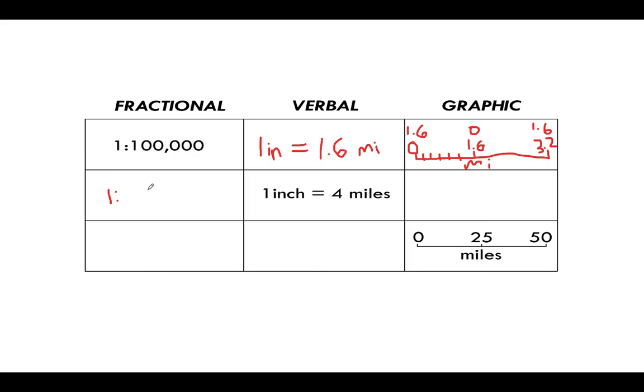Right, perfect. We would multiply 4 for 4 miles times 63,360. So that's a times, even though it kind of looks like a plus, just trust me. All right, so 4 times 63,360 because that's how many inches are in a mile.